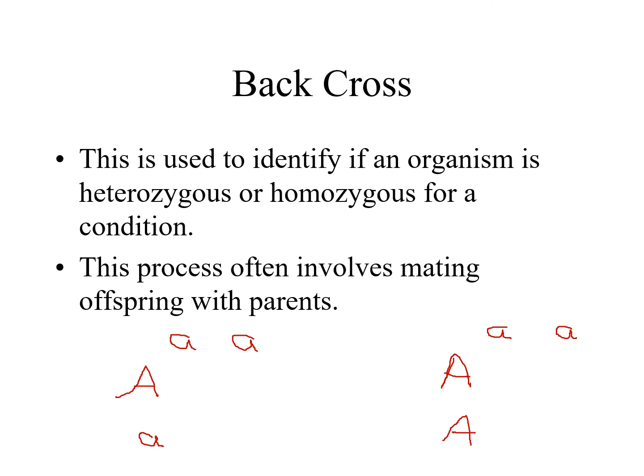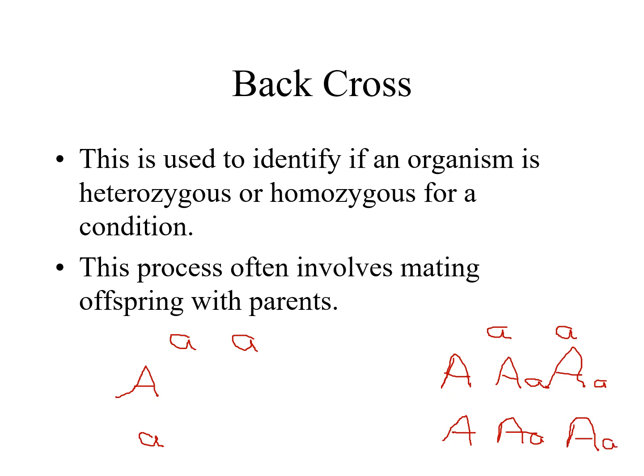If we have a homozygous dominant offspring from the previous cross, when we breed it with the recessive phenotype, all of the offspring from those two parents will come in as heterozygous, which means that they will all look exactly the same. In this particular case, that means they would not have condition A.